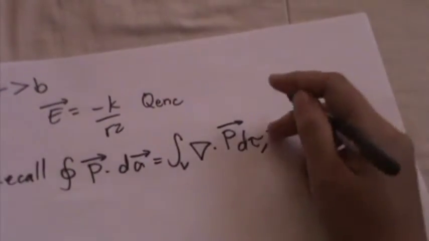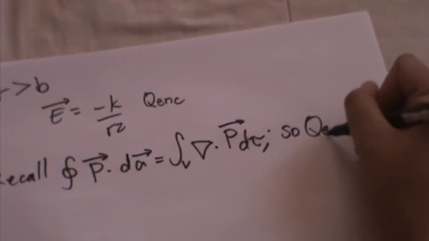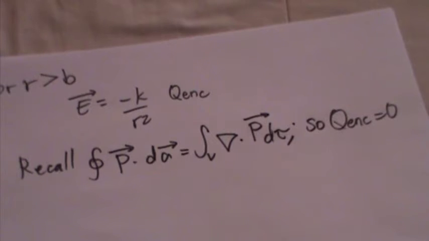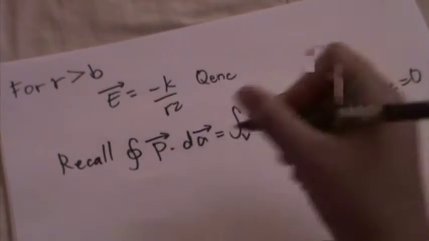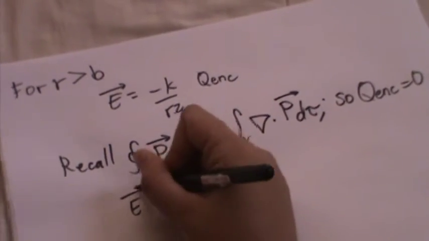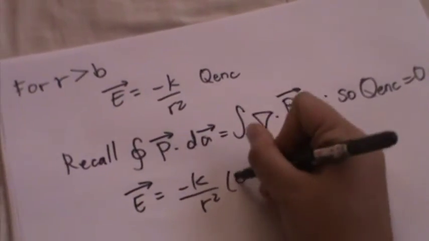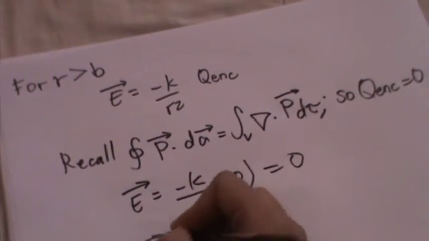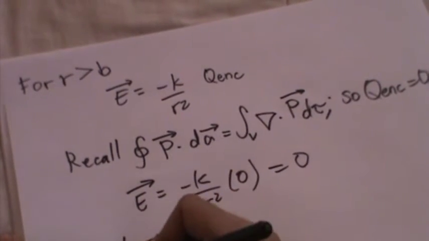So our Q enclosed is also equal to 0. It's very obvious that it will be 0 since there's no free charge according to the problem. So if we substitute Q enclosed with 0, we have E is equal to negative k over r squared multiplied by 0. We will get 0. So our electric field outside the spherical shell is equal to 0.